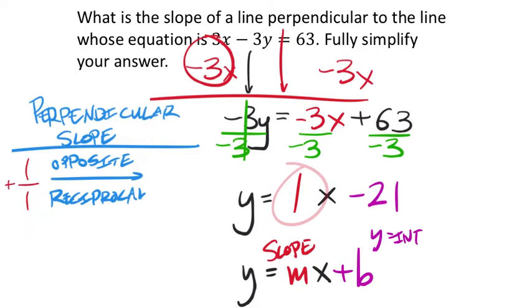So my opposite reciprocal slope will be negative, and then I flip the fraction into 1/1. Really, 1/1 is just 1. So to make that look pretty, I'm just going to make it negative 1. And that, right there, would be my perpendicular slope. So it does come out as a whole number, which is not so common, but it happens. It's just a negative 1, okay?